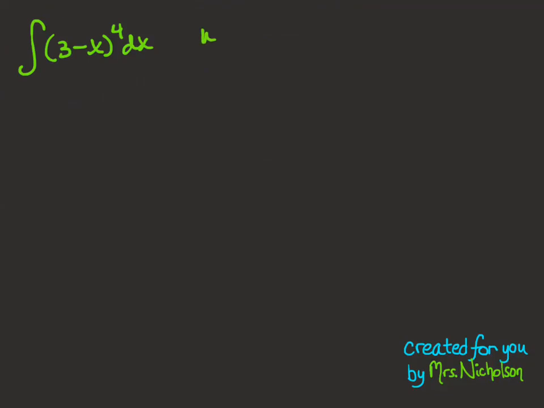See if we can change the way this looks. The U is going to be the inside function, which in this case is 3 minus x. The derivative of U would be -1 dx. Now if I go back and look at my integral, I don't have that -1 there, but of course we can multiply it in. I'm going to stick it here in the front. And if I multiply -1 on the inside, I need to also multiply -1 on the outside to balance it out.